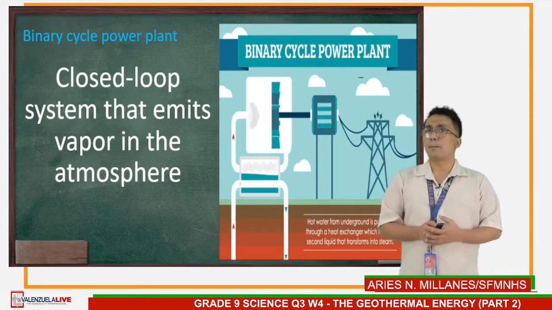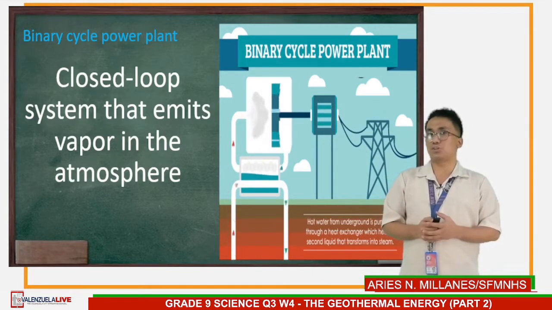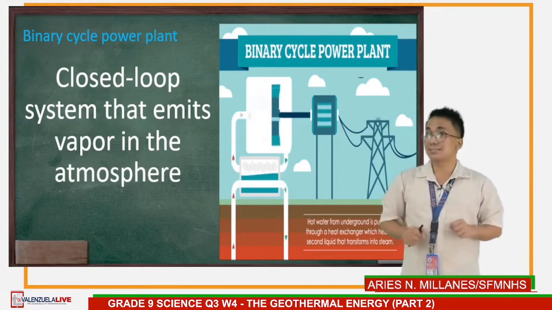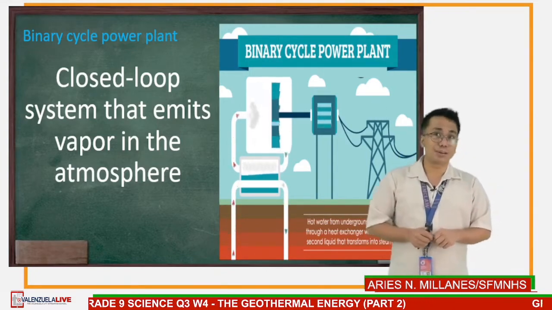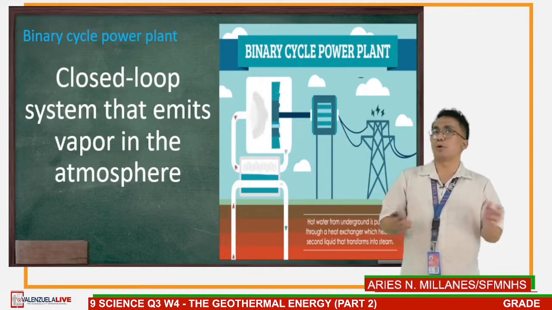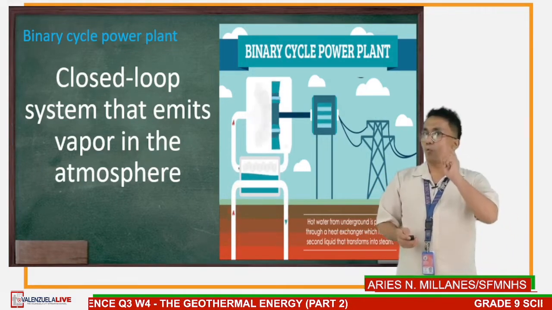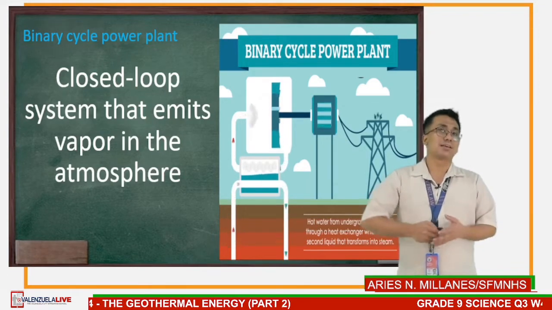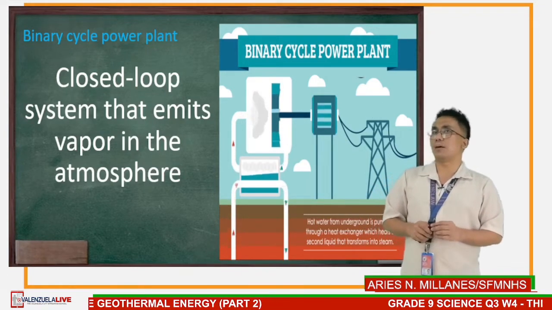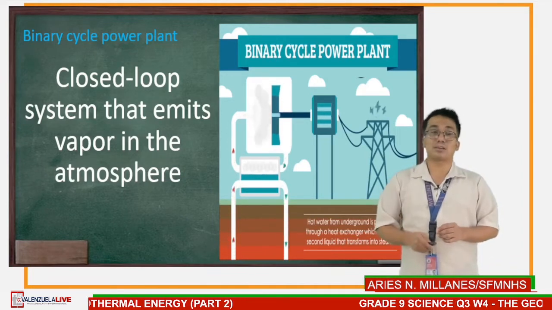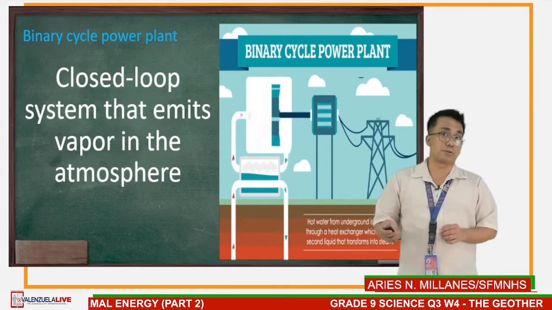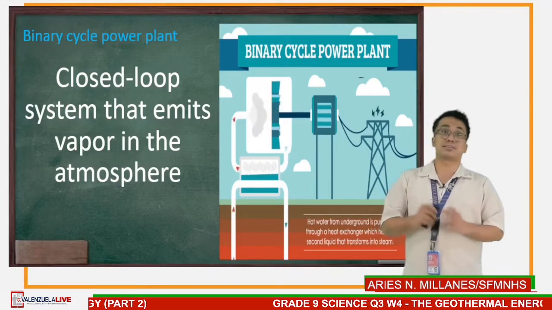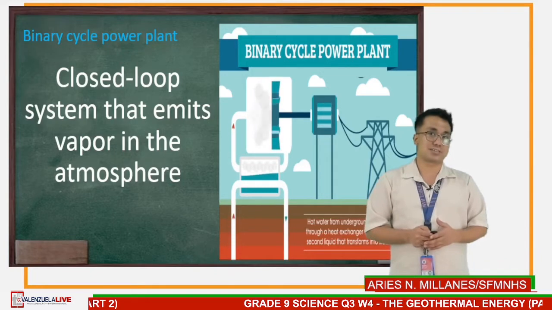Low to moderately heated geothermal fluids and a secondary, binary fluid with a much lower boiling point than water pass through a heat exchanger. Heat from the geothermal fluids causes the secondary fluid to flash to vapor, which then drives the turbines and subsequently the generators.